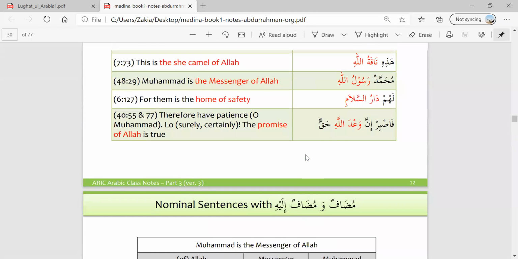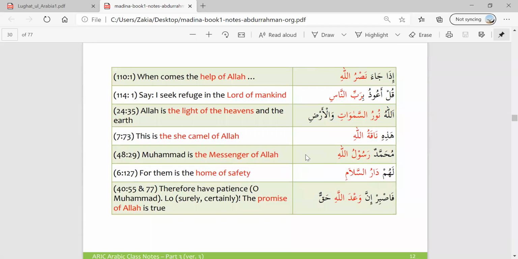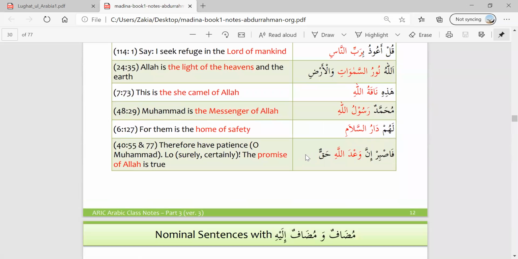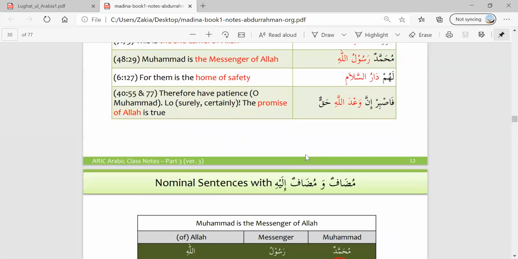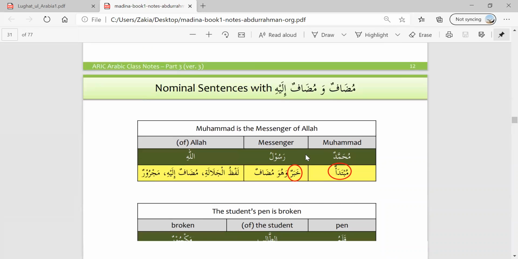But if you read the English, it will become a bit clearer what it means. The camel of Allah, the messenger of Allah, home of safety, promise of Allah. So you're always looking for the "of", or the apostrophe S, inshallah.